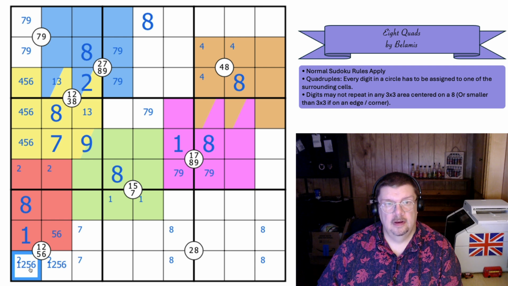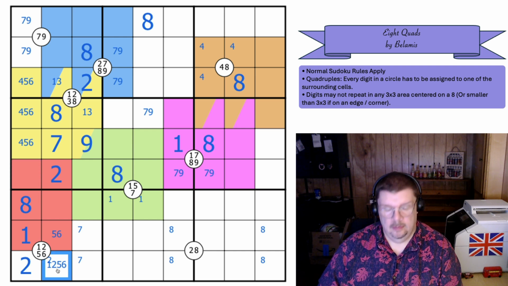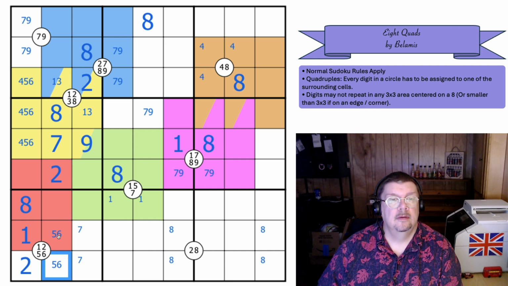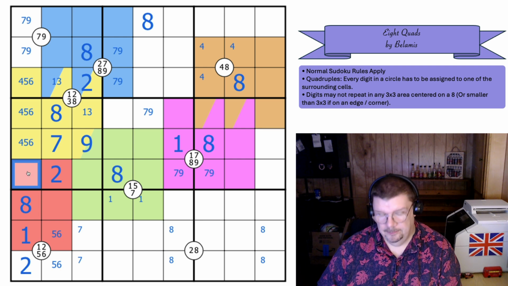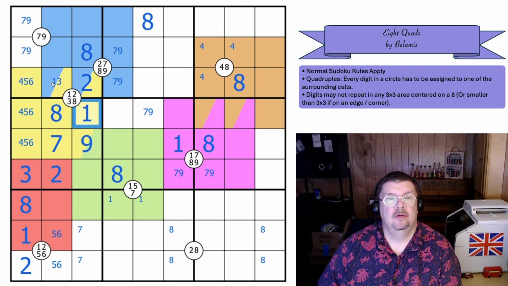That is now not 5 or 6, so that is 2. That makes that 2. That's a 5, 6 pair in the column. This must be a 3. That resolves this 1 and 3.